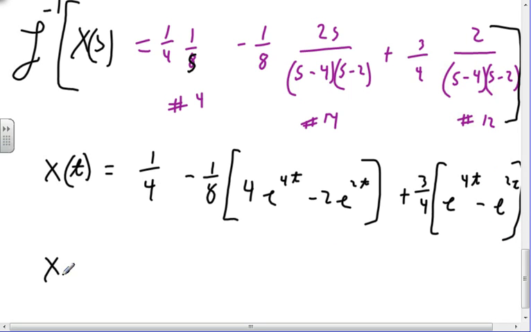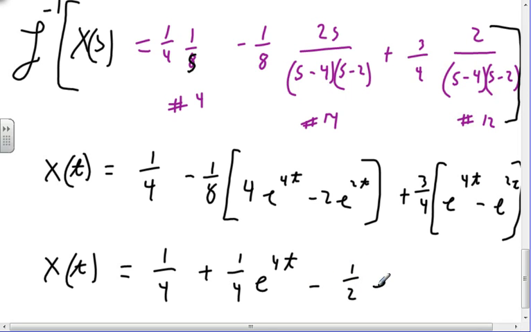Okay, so X of t equals 1/4. I've got 3/4 and I've got minus a half, so that's going to be plus 1/4 e to the 4t. And I've got minus 3/4 plus a quarter, so it's going to be minus a half e to the 2t, and that's going to be my final answer. Only good if it checks.